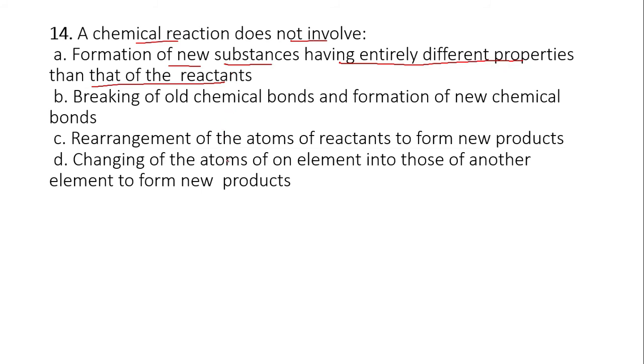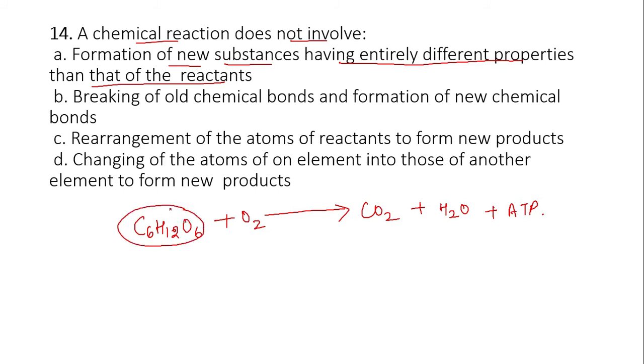For example, the earlier reaction which we have seen, C6H12O6 plus oxygen gives CO2 plus H2O plus ATP. Can you see this? The product which is formed is entirely different from the reactant. They do not show the same properties. So we can say it is entirely different.